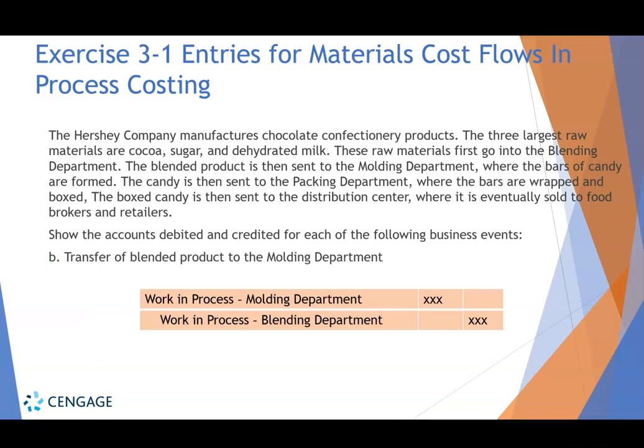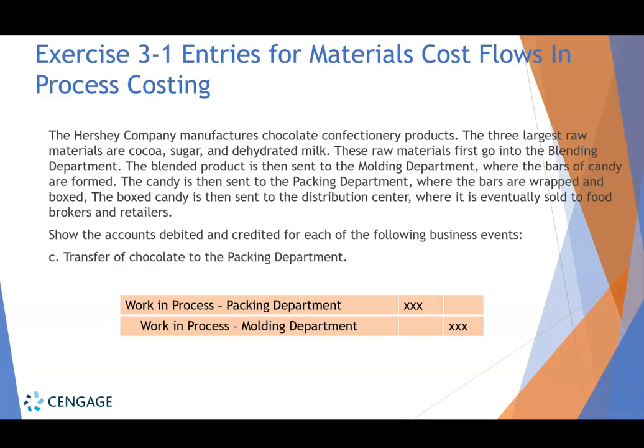When we transfer the blended product to the molding department, remember wherever we are transferring it from is credited, and where it's going to is debited. Again, think of an inventory as an asset. To increase the asset, we debit it. To decrease it, we credit it.